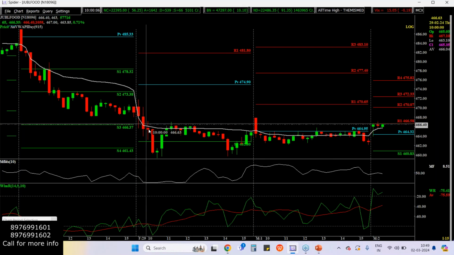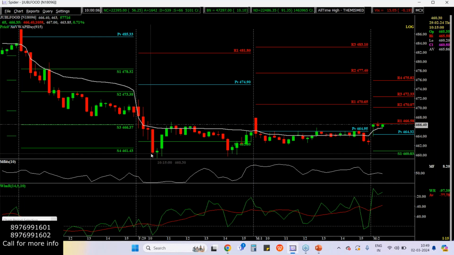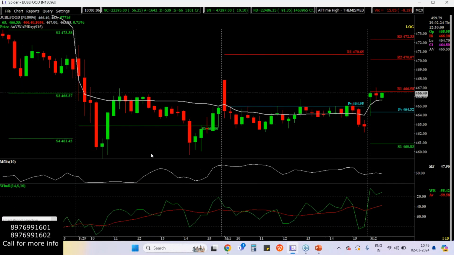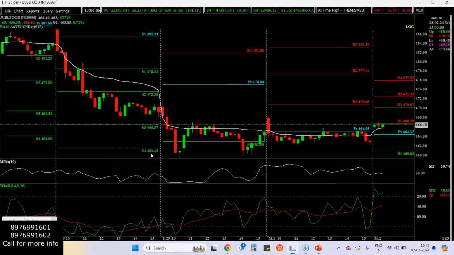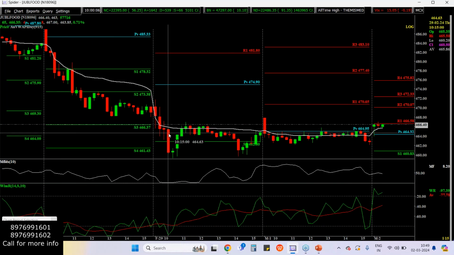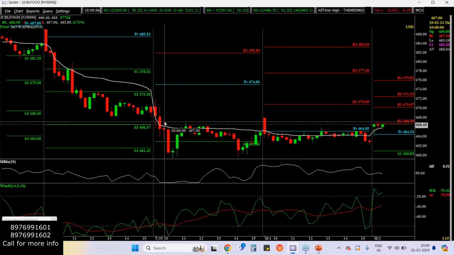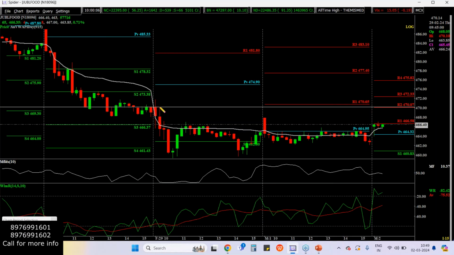After that, you can see we have received a strong downward momentum in Jubilant Food here as well. So these are the conditions that we are using, the examples that we are setting here, and the returns that we are generating. As soon as we receive a cross and get a signal, we can directly enter the trade with stop loss above the 9:45 candle.